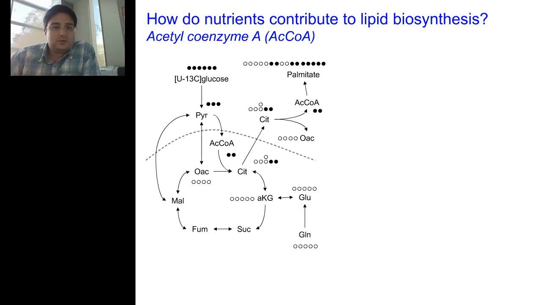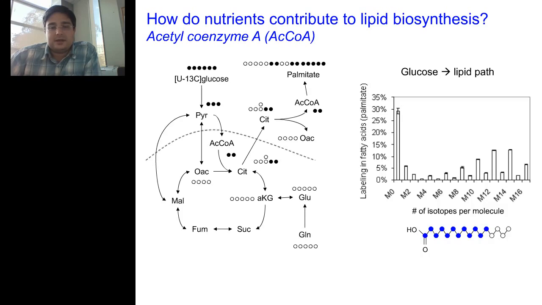Shown here, we have isotopically labeled glucose, which is converted to labeled acetyl-CoA. And if we culture cells for a period of time, we can see that labeling is incorporated into newly synthesized fatty acids. Shown here is a quantitation of the number of isotopes per molecule, or the mass isotopomer distribution, on newly synthesized lipids.